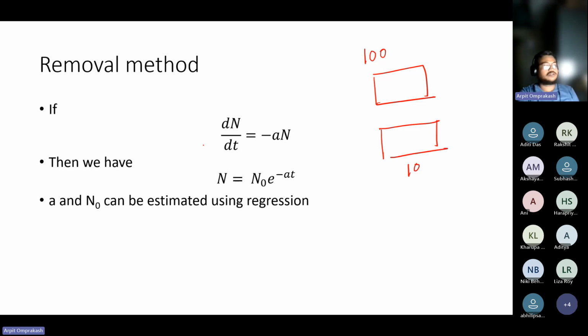Based on this equation, if we integrate it and do this experiment, we can get the result, where t is the time, N naught is the population number at the beginning, and N is the population number later. A is a constant. A and N naught can be estimated using regression once you get the N and the t from the removal experiments.